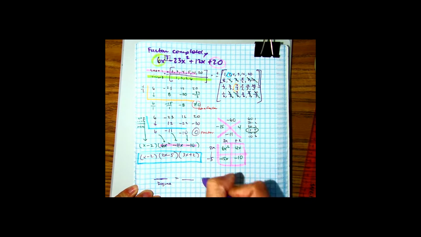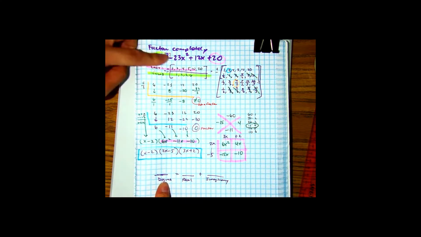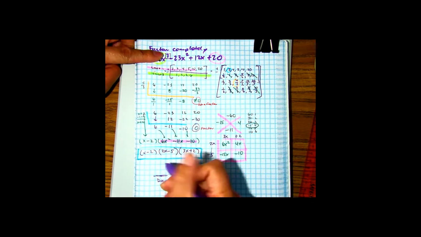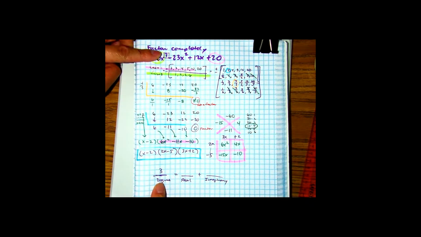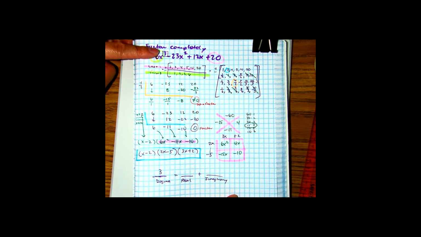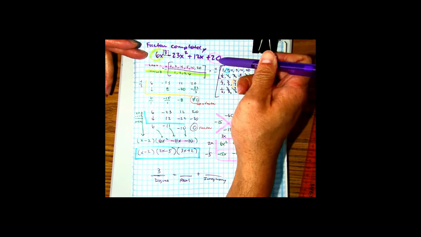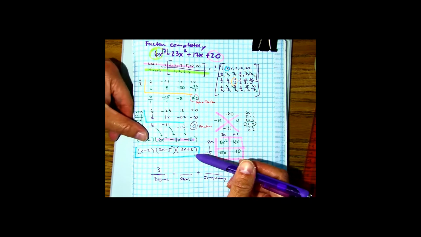And our degree is equal to the real plus imaginary zeros. So the highest degree. And now we're trying to figure out the type of zeros. Are they real or imaginary? Imaginary or complex has the letter i, and the real.